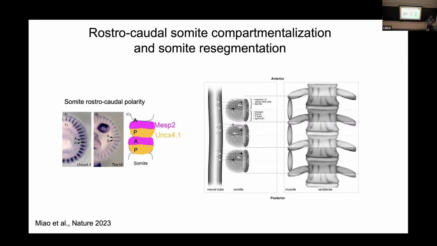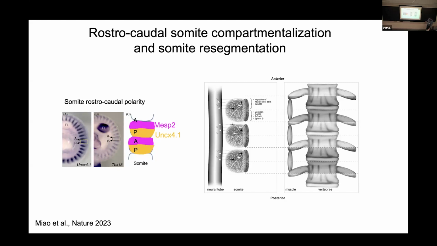The long-standing question is whether, after segment determination, at the end of this oscillation process, you specify a whole segment which subsequently becomes divided into anterior and posterior, and that is a homoclinic flip, or whether you specify directly the anterior and posterior fates. That's what's important for segmentation, which is this double cusp mechanism.